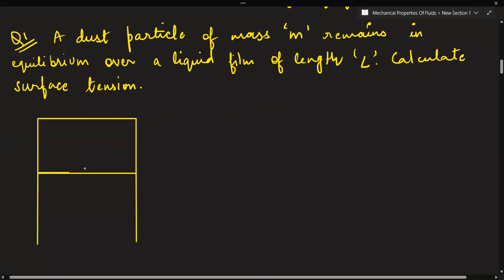The dust particle is over here, its mass is m, and it is in equilibrium over a liquid film of length L. If it is written liquid film, this means soap film, and a soap film has double area.